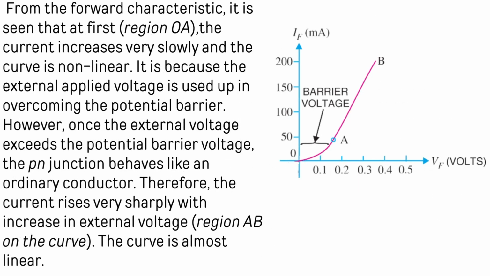Therefore, the current rises very sharply with increase in external voltage, region AB on the curve. The curve is almost linear, which is as shown in the figure. Voltage is in volts, forward current is in milliamperes.